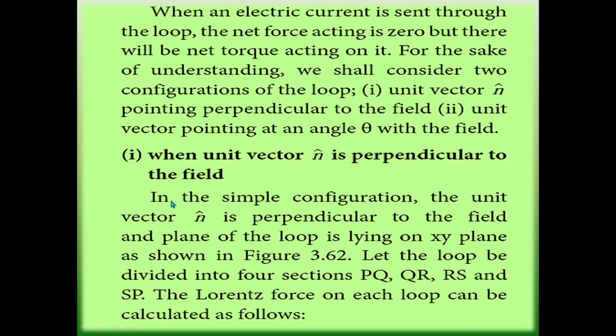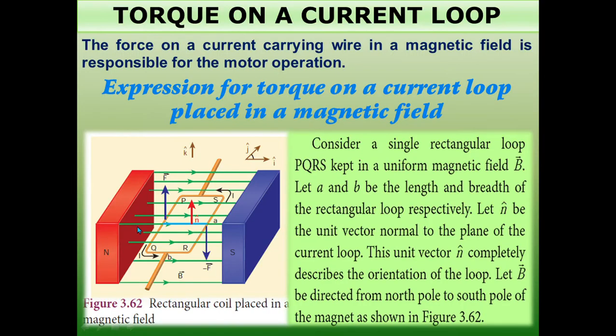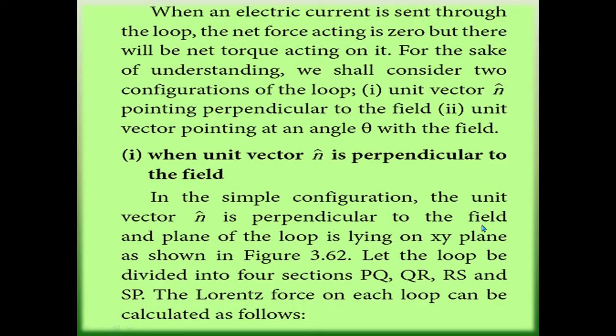Now let me discuss the first point. When the unit vector n cap is perpendicular to the field, in this simple configuration, the plane of the loop is lying on the xy plane, as shown in the figure.